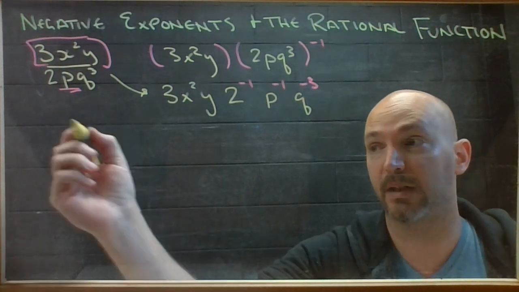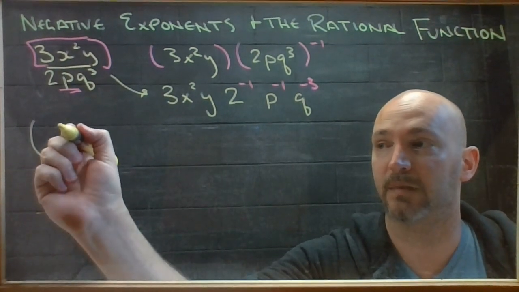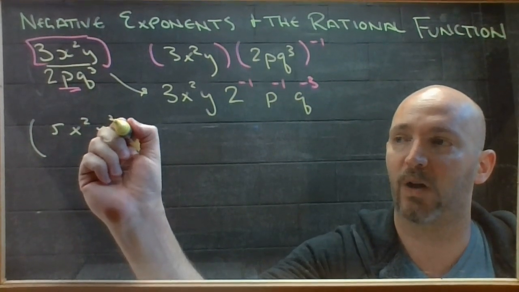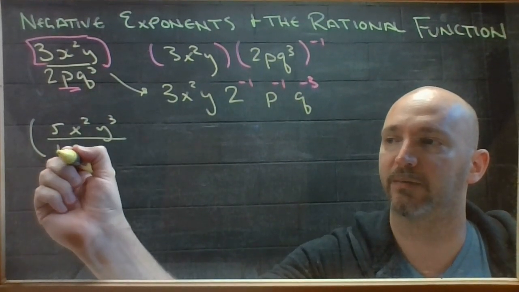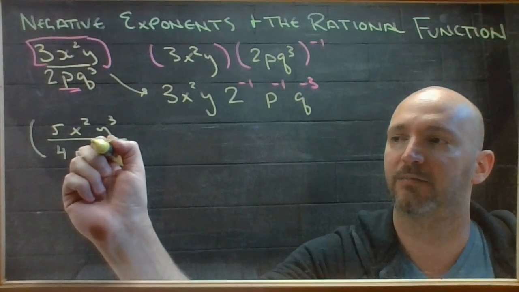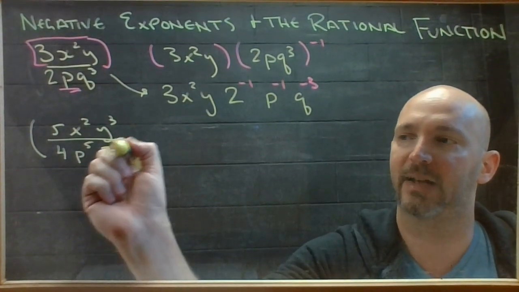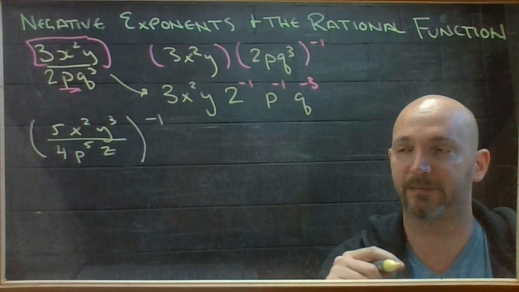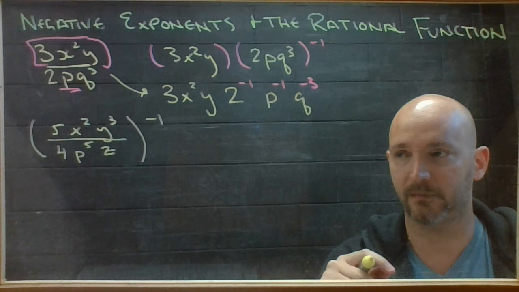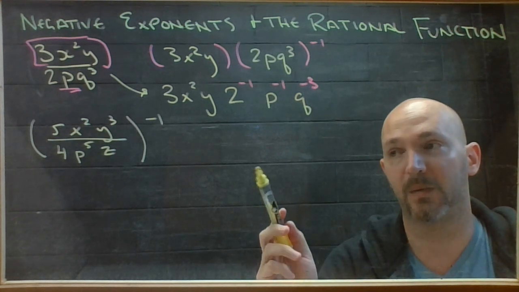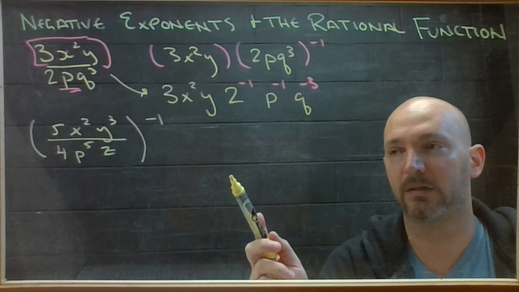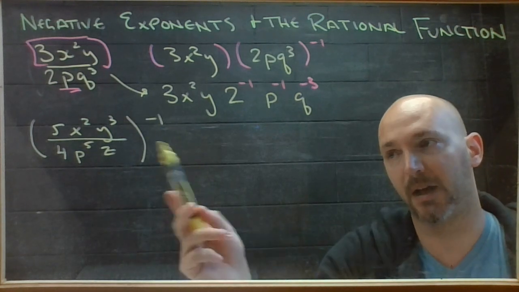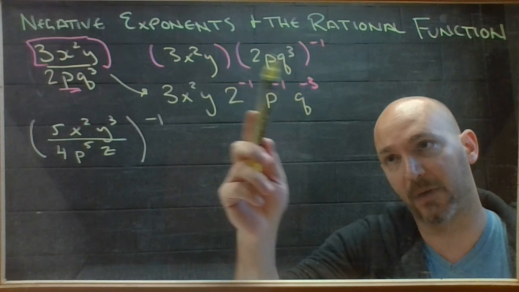So what if you have one like this? I have a 5, and then x squared, and a y cubed, and a 4, p to the 5, and a z. And the whole thing is to the exponent -1. Well, when we did this before, you applied the -1 to all the things in there, but I'm going to take this and I'm going to write it like that first.